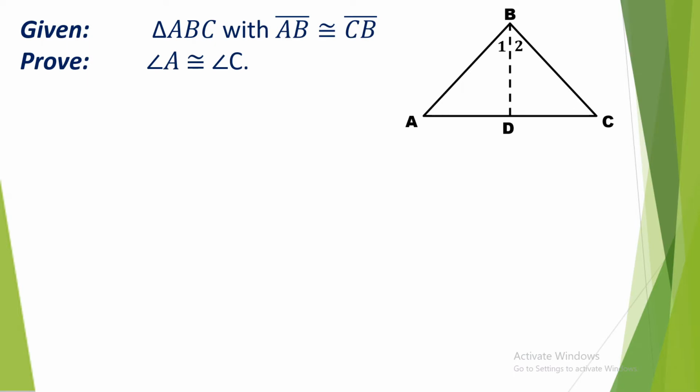Now let's prove the isosceles triangle theorem. Given here is triangle ABC with segment AB congruent to segment CB. Prove that angle A is congruent to angle C. Take note, segment BD is not on the given. That means this segment, since it's a broken line, it is just an auxiliary line.